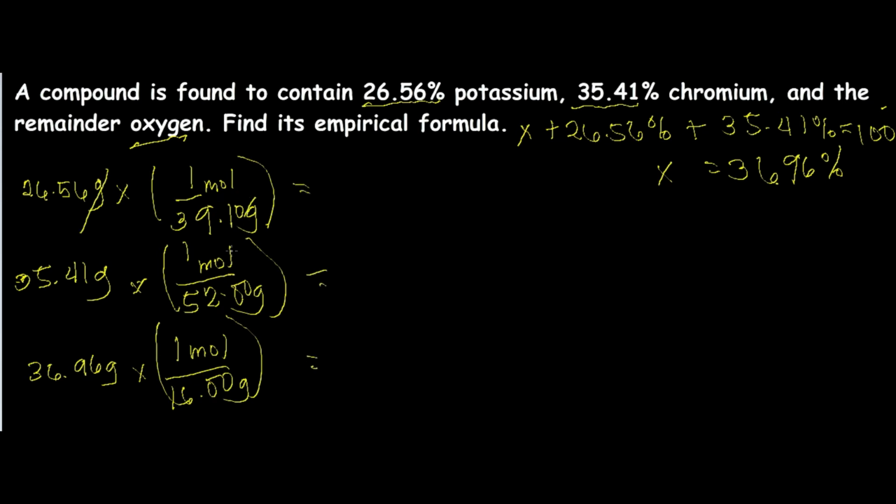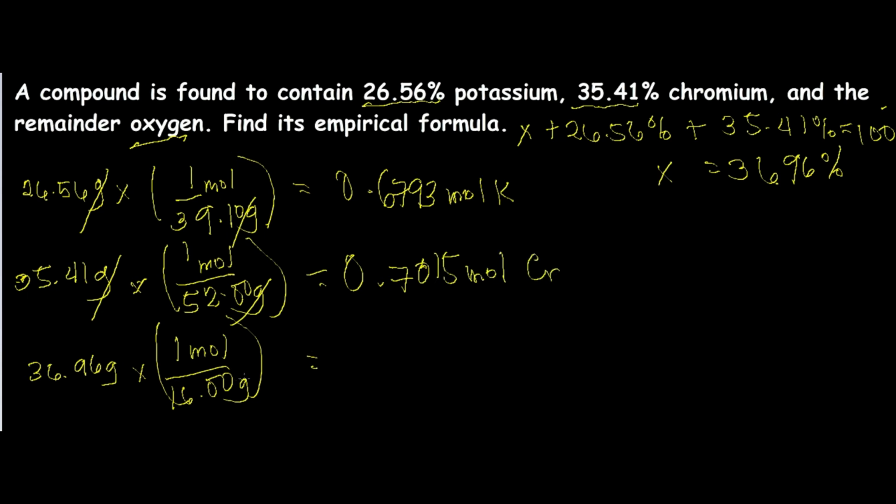This one we will get 0.6793 moles of K. We will have 0.7015 mole of chromium, and we will have 2.310 mole of oxygen. The next step is to divide them by the smallest number of moles.